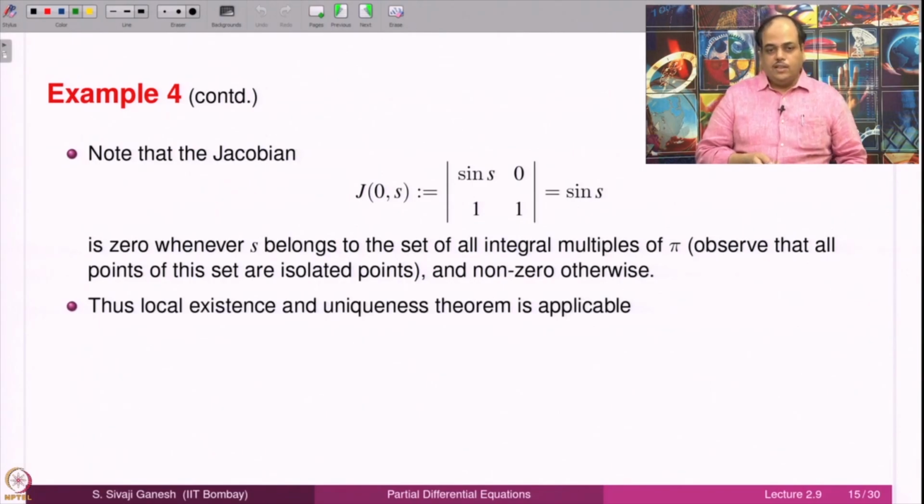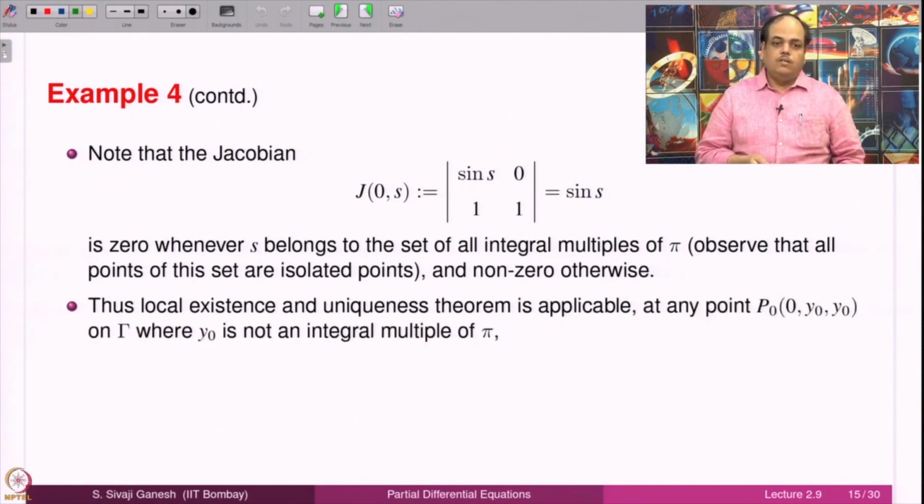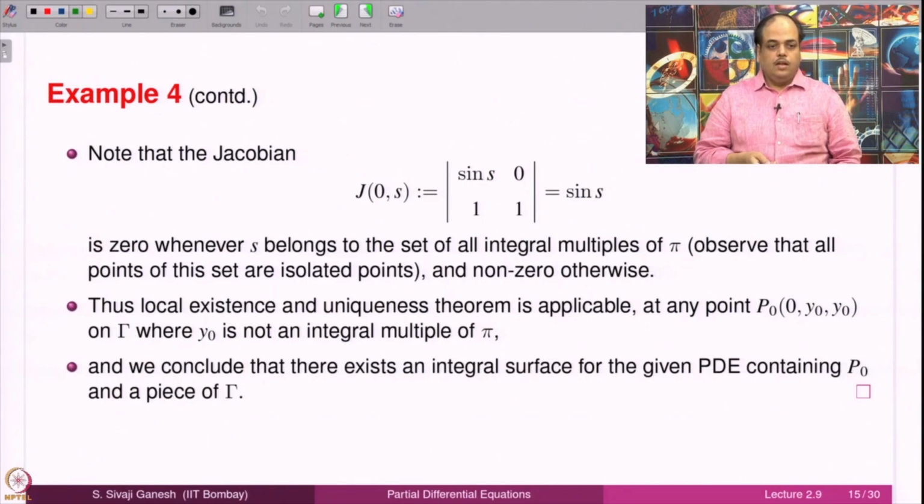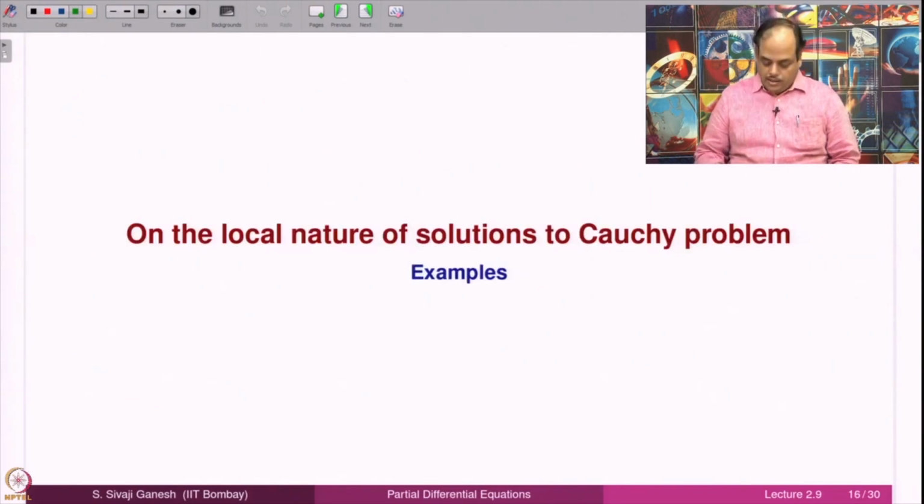Therefore, the local existence and uniqueness theorem is applicable whenever s is not a multiple of pi. So, in terms of y naught, it is y naught is not an integral multiple of pi, and we conclude that there exists an integral surface for the given PDE containing p naught and a piece of gamma. Of course, the question remains, what happens when s is an integral multiple of pi? That is to be explored.